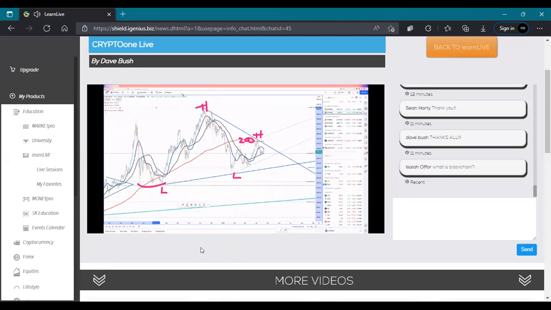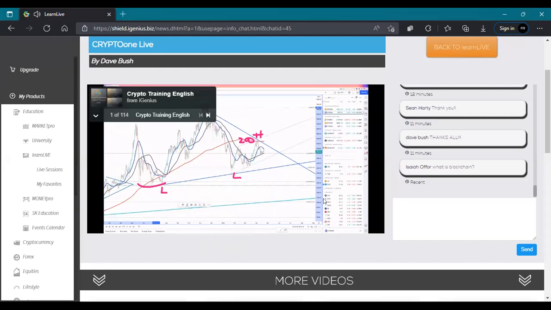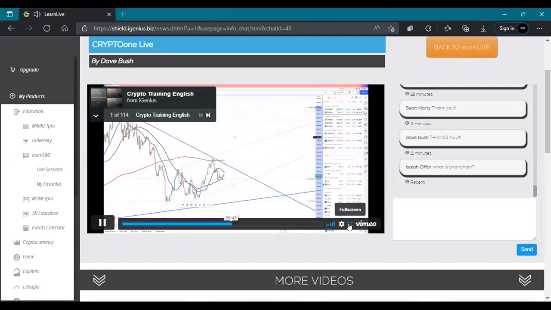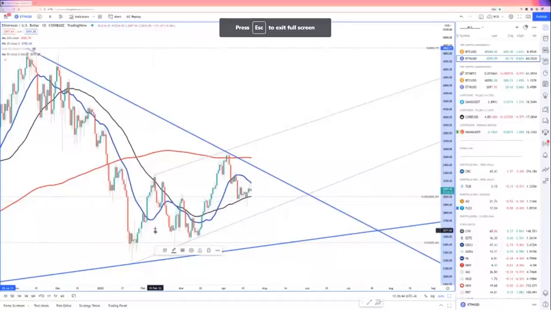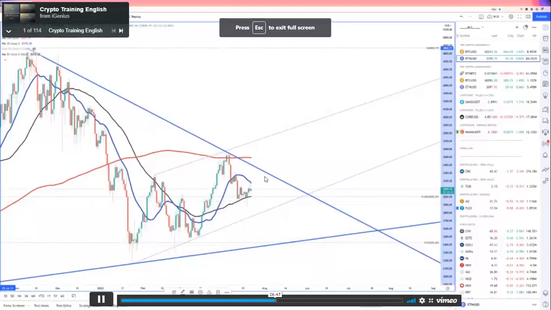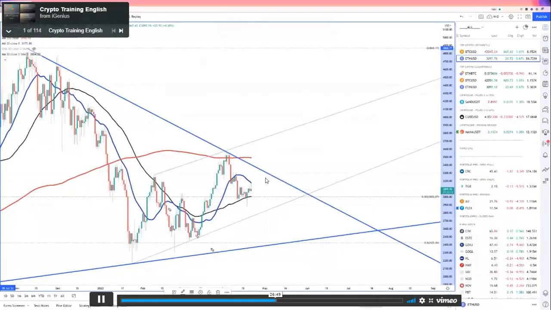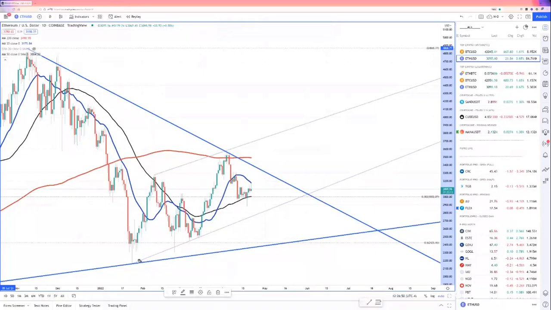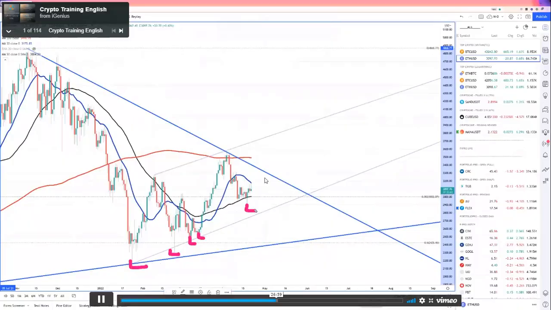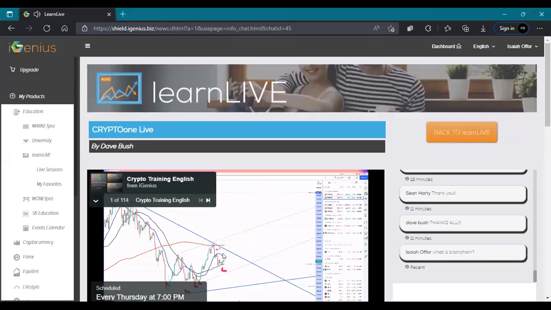Now, inside that, what do we have? So you can actually zoom out, full screen as well. Inside that, you can see we've got this minor up channel that you might want to keep an eye on. Here's that same low, but we have a higher low, slightly higher low, and many of those lows connect.